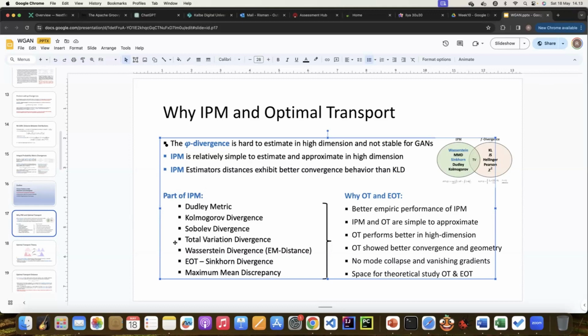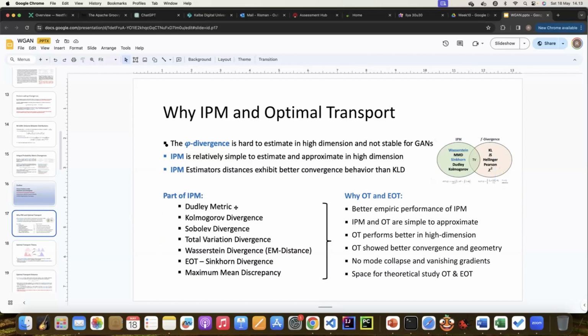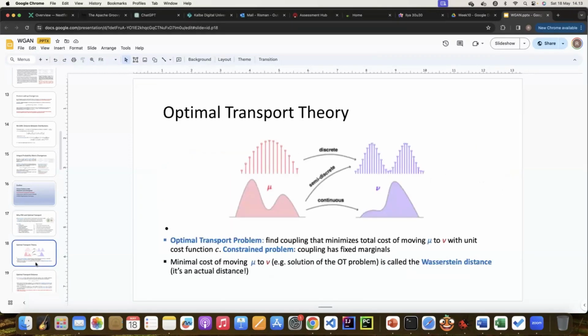So that's coming from IPM, like Kolmogorov, Sobolev. Today we will learn about Wasserstein distance. Okay, so this is a better alternative to F divergence. So Wasserstein distance starts from this theorem.